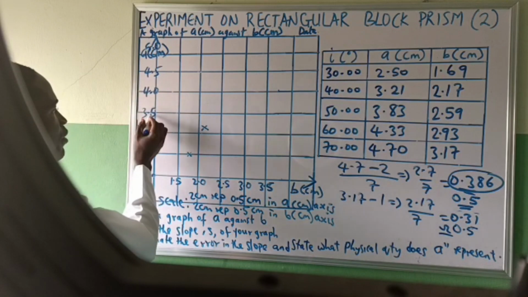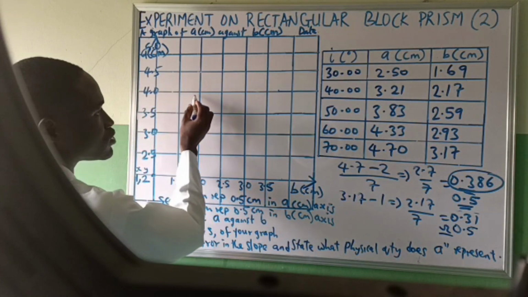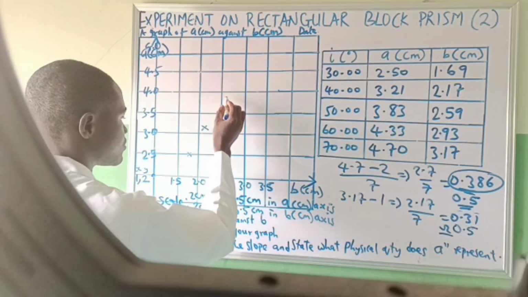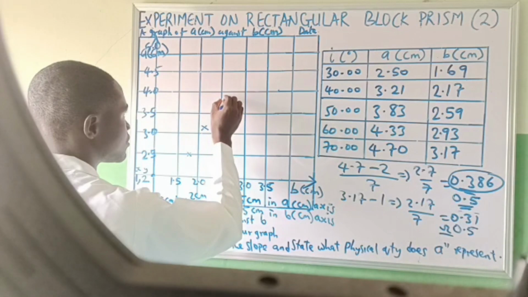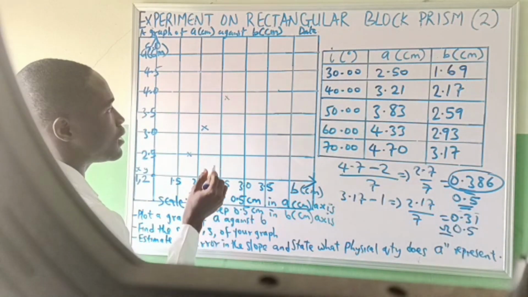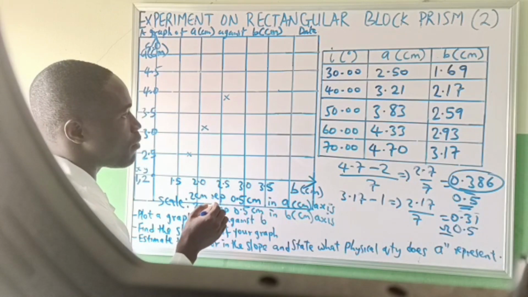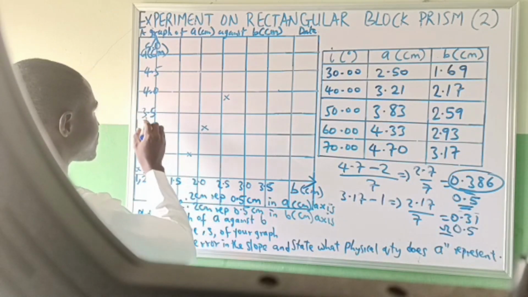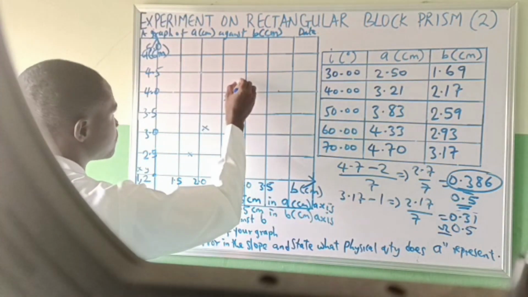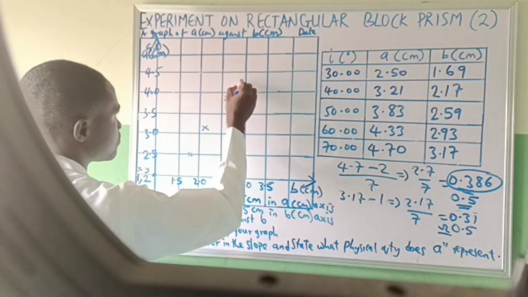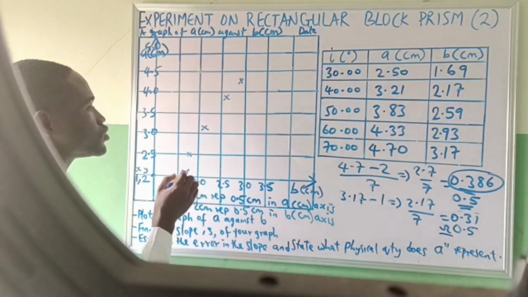This is 3.5. 3.83 should be around here against 2.59. Then 4.33 against 2.93. 4.70 against 3.17.